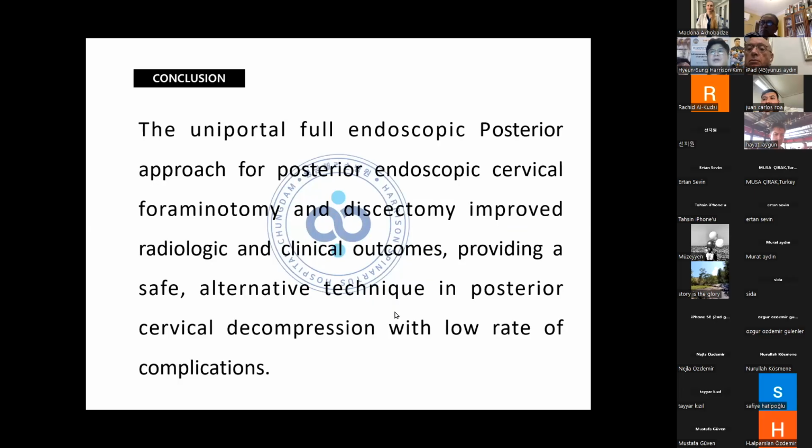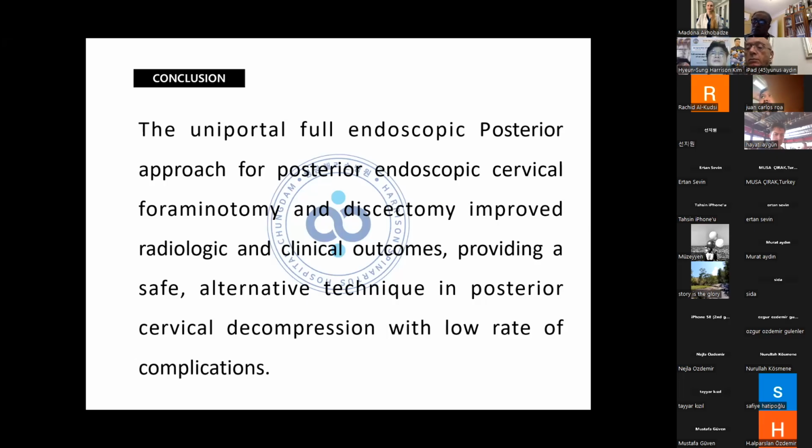Yeah. In conclusion, at the initial time I mentioned that with the development of this cervical foraminotomy, not only conventional V-point foraminotomy, but also partial pediculotomy and partial vertebrotomy, recently I'm doing more than 95% of cervical pathology by endoscopic, not open, and also keep the tensegrity with minimized damage to the skin, muscle, and facet joint, and all things that make a real preservation of the spinal segment and restoration of spinal alignment.